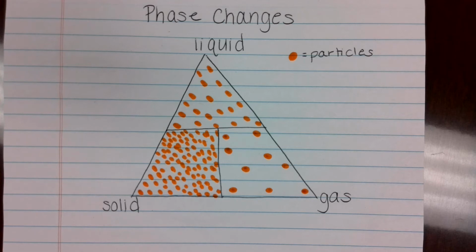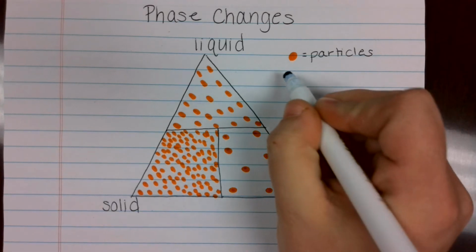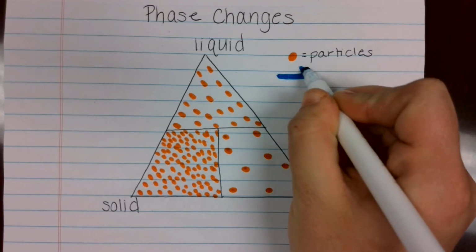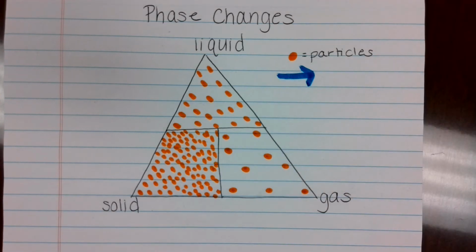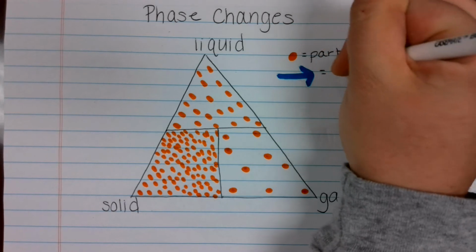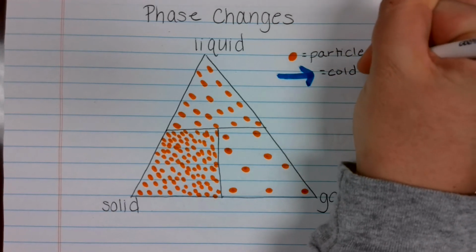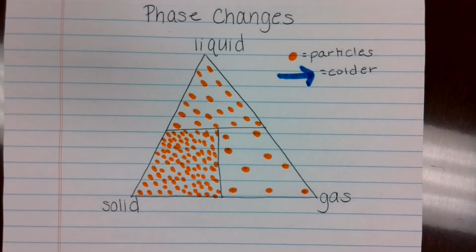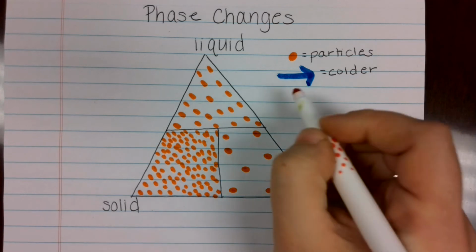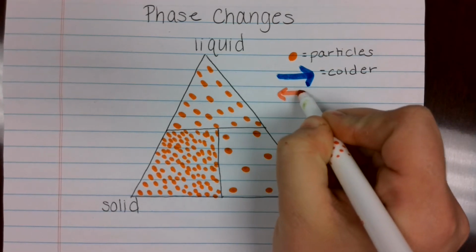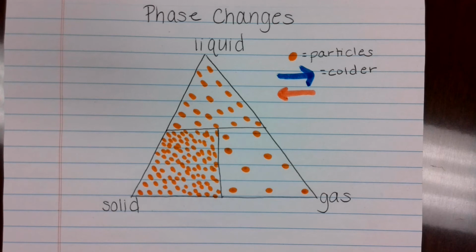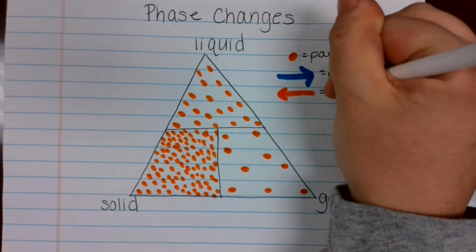So, excuse me, I'm going to use two different colors here. If I'm using a blue arrow, what do you think that means? If you said a colder temperature, you're absolutely right. And then I'm also going to use red arrows. And if you're thinking that might be a warmer temperature, you're also right.